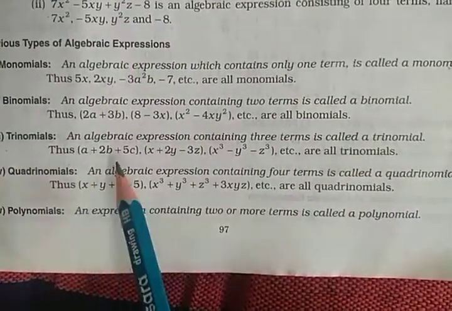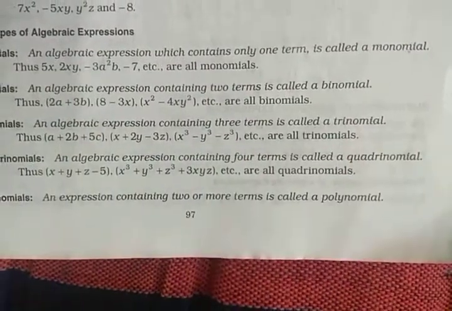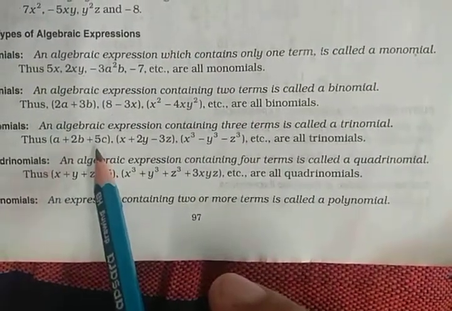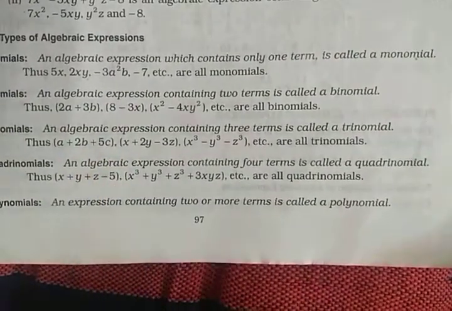Trinomial: an algebraic expression containing three terms is called a trinomial. So a plus 2b plus 5c is an algebraic expression containing three terms, so this is a trinomial.